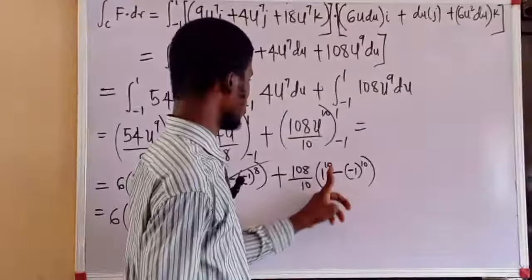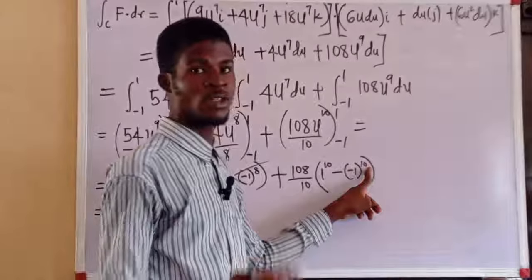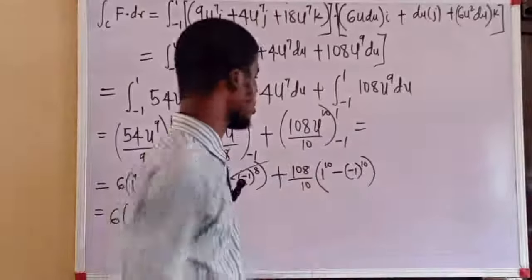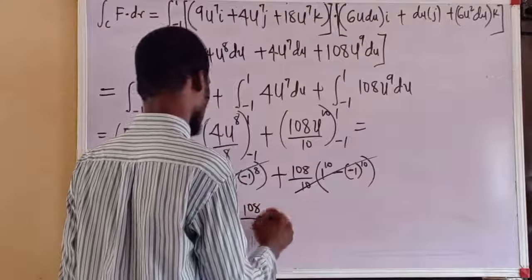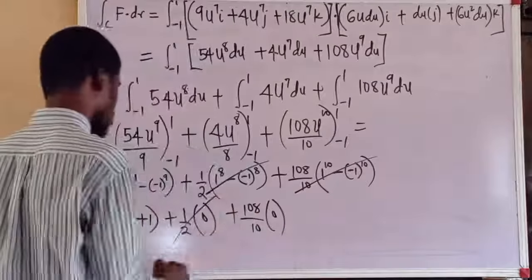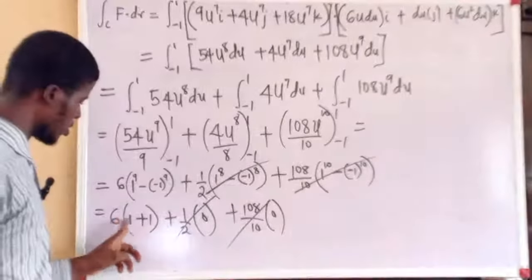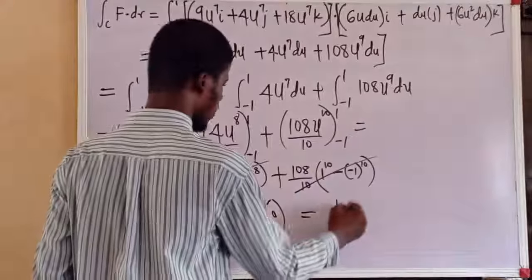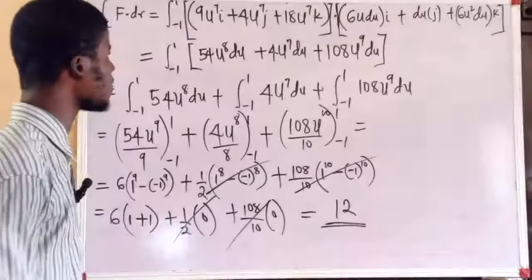This is 1, that's 1 to the power of 10. Positive 1. Minus 1 to the power of 10 is still positive 1. So 1 minus 1 is 0. This is still 0. So we have 108 over 10 into 0. So they will cancel out. 6, this is 2. So 6 times 2 is what? 12. This is the line integral. 12 is the result, the line integral.